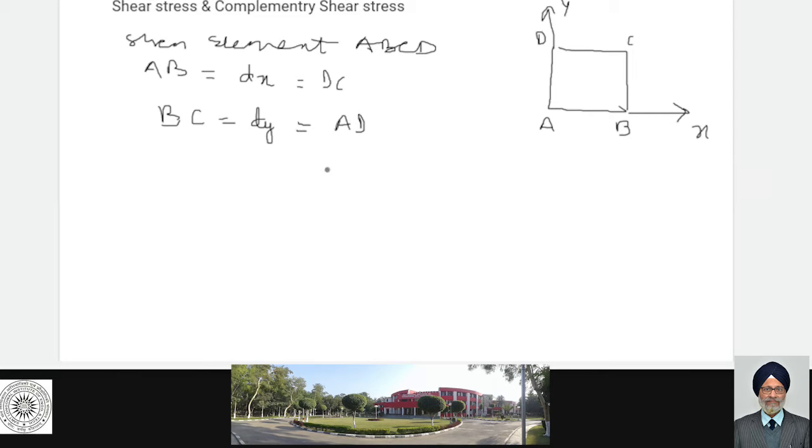Right? So now a shear component of the stress is acting like this. If it is on this plane, it is in the clockwise direction. In this case, it will be in the anti-clockwise direction. And here also, it will be in the opposite direction.